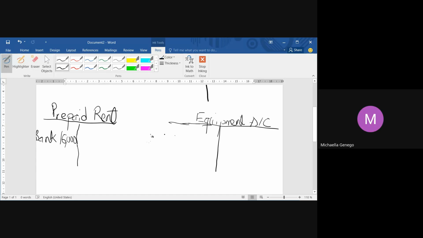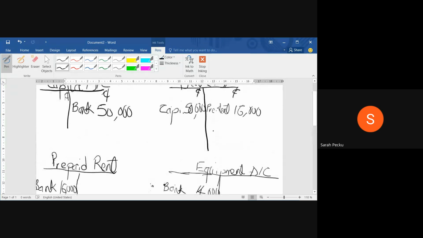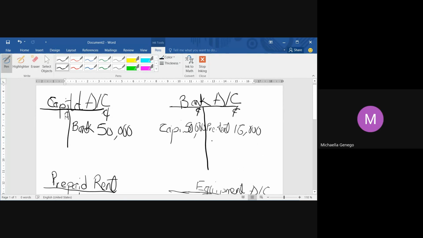What is happening to the equipment account? We will debit. Debit equipment and credit the bank side. Let me see. So far, not following.